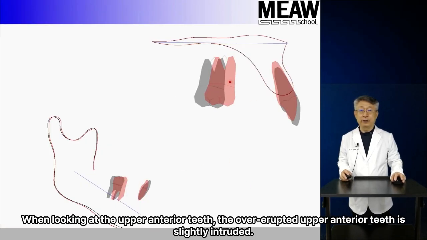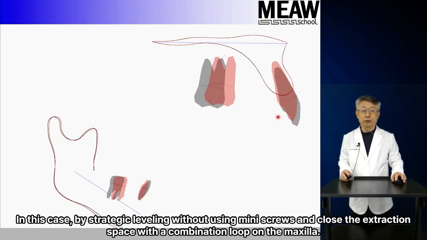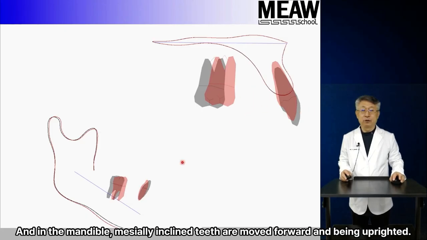When looking at the upper anterior teeth, the over-erupted upper anterior teeth are slightly intruded. In this case, by strategic leveling without using mini screws, we close the extraction space with a combination loop on the maxilla. And in the mandible, mesially inclined teeth are moved forward and uprighted.